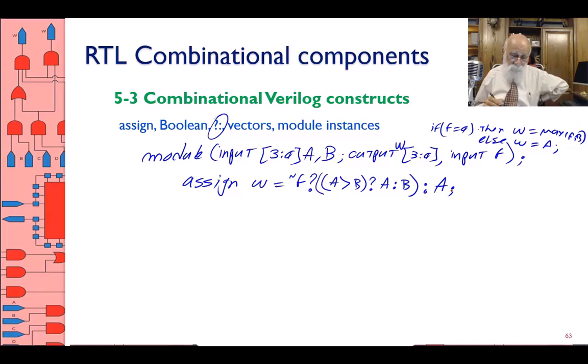If F is 0, this. If F is 1, this. So this is a condition statement, and I'm using vectors here. End module.